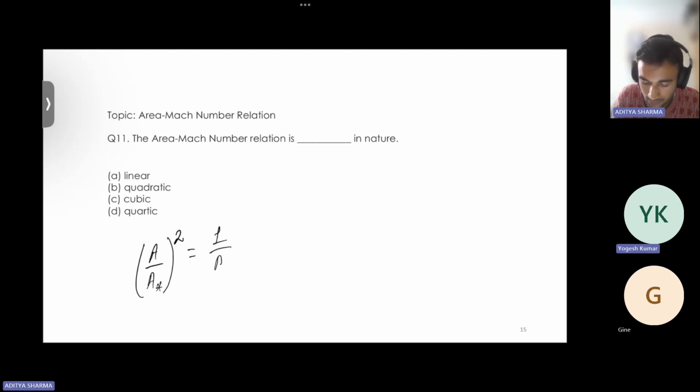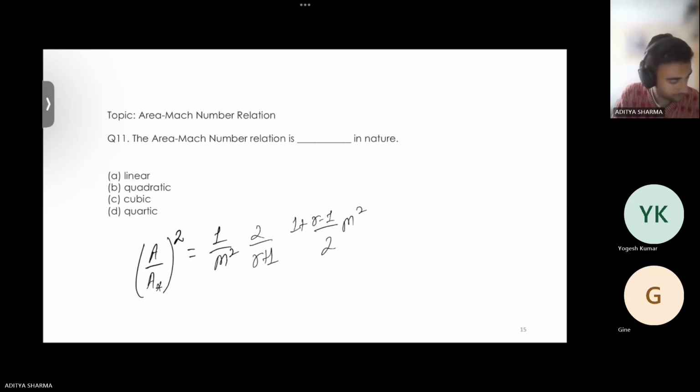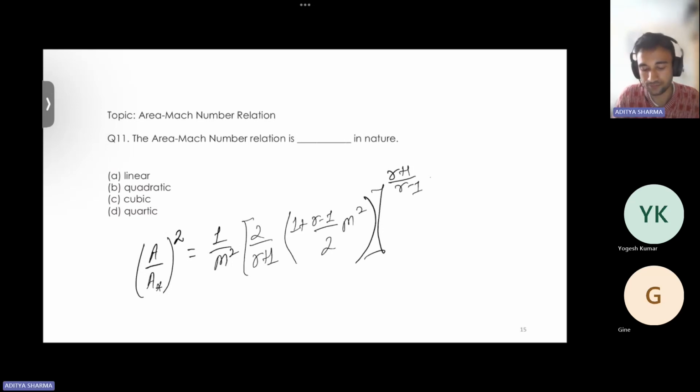Quadratic. Yes, so it is quadratic in nature.